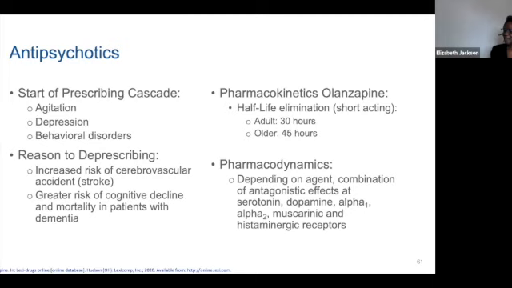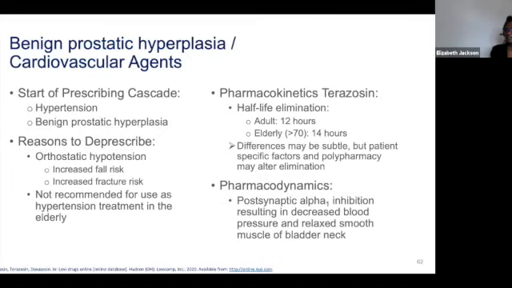The pharmacodynamics would depend on the agent, and of course, if there's multiple agents on board, there's cumulative effects. The reason to deprescribe would be increased risk of stroke, greater risk of cognitive decline and mortality in patients with dementia. So that would be some of the reasons to deprescribe. Next slide, please.